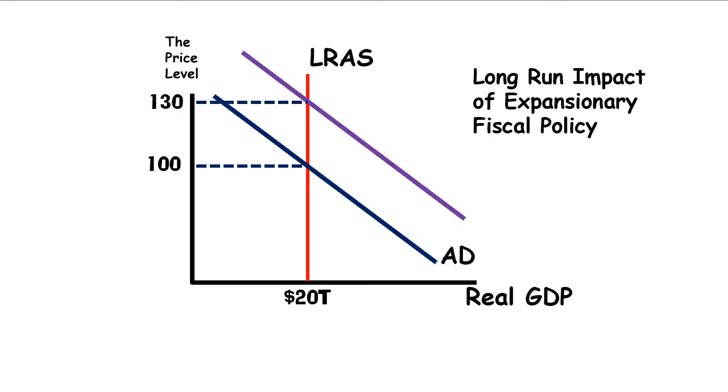Okay? We get inflation. Aggregate demand moving to the right causes inflation against the long-run aggregate supply curve. Okay? So short run, this theory says in the short run, the government creates jobs. In the long run, it creates inflation. We got that? Okay.